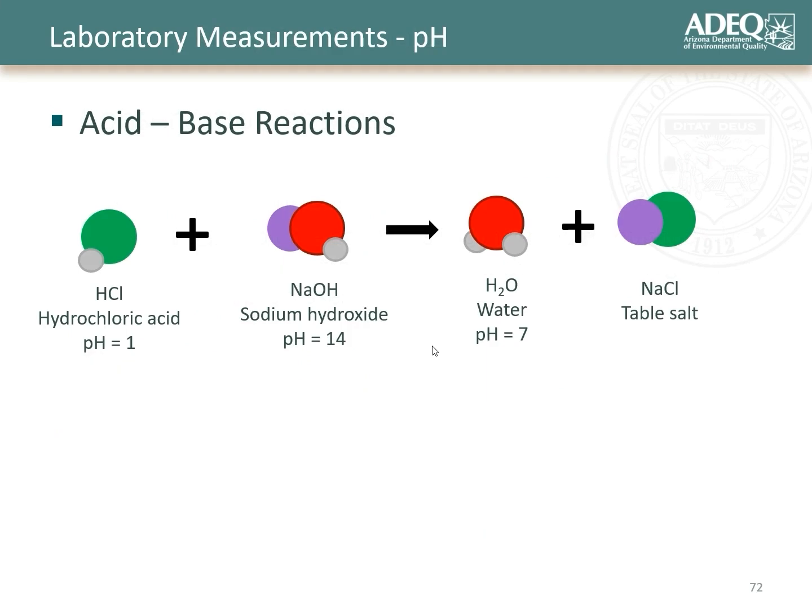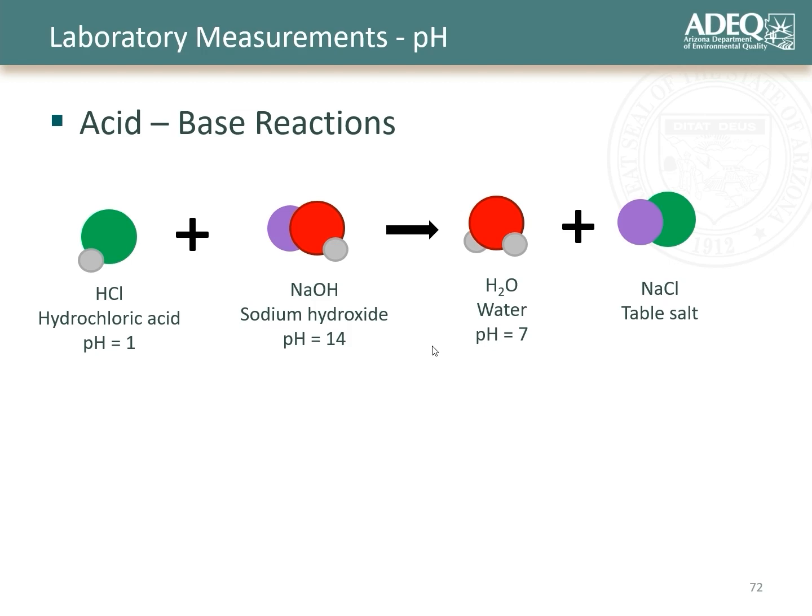So as an example of conservation of mass, let's walk through a simple acid-base reaction. In this particular reaction, we have hydrochloric acid, which is a strong acid, reacting with sodium hydroxide, which is a strong base, to form water and table salt, sodium chloride.